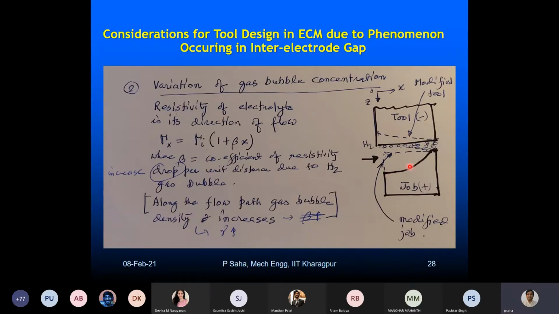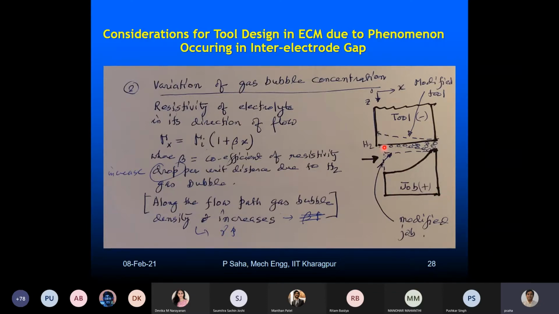In the center, there will be relatively less, and on the extreme right, where the gas bubbles are accumulating, there will be lesser machining. So with an unmodified tool, the resultant job profile may be somewhere like this.